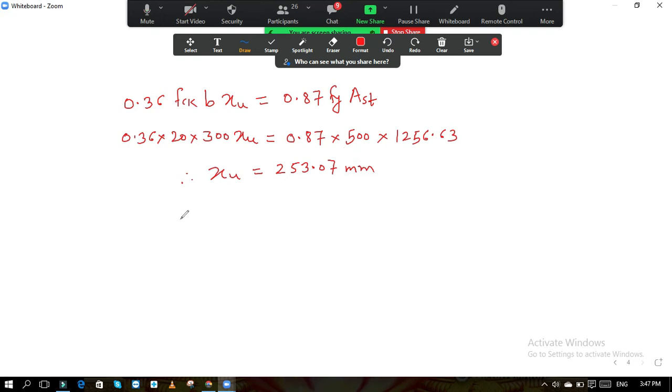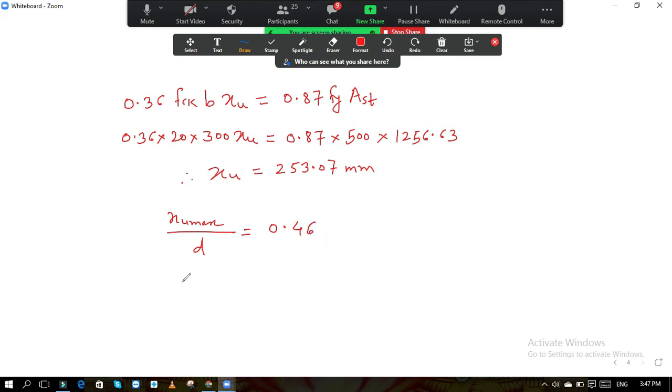Now calculate Xu max. So Xu max divided by d is equal to how much? It is 0.46 for Fe 500.